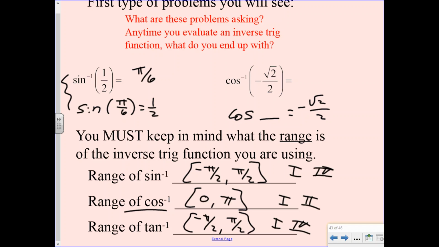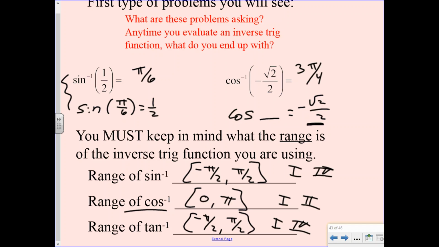Where does that happen? If you know your unit circle, and we know we're in either quadrant 1 or 2, since it's negative, it's got to be in quadrant 2, so that means it's at 3 pi over 4. And sure enough, that fits inside of our range, because 3 pi over 4 is between 0 and pi.